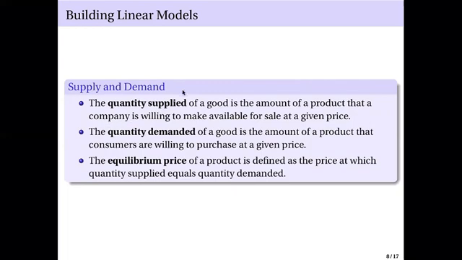So if the product has an increasing price, most of the time the company will take advantage of that. Because if they produce a big number of supply and are able to sell those goods at a higher price, then they have more profit.